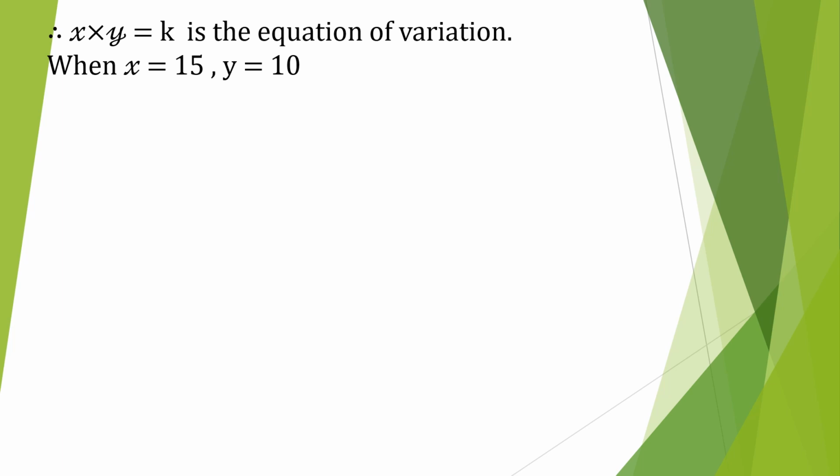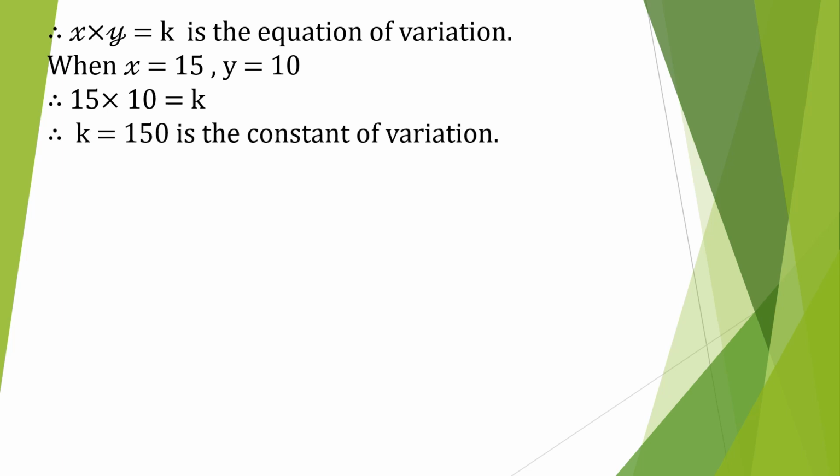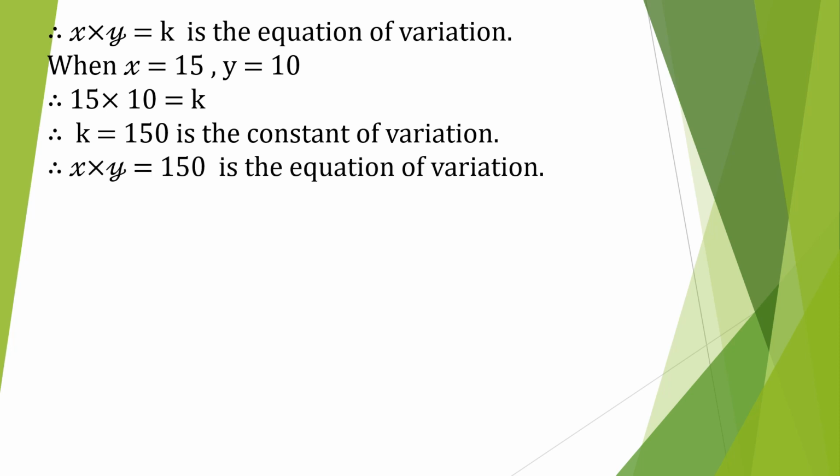So we'll substitute this value. So it will become, therefore, 15 into 10 equal to k. So you'll multiply, you'll get 150. So k, the value of k equal to 150 is the constant of variation. So you'll substitute this value in equation of variation. So you'll get, therefore, x into y equal to 150 is the equation of variation.